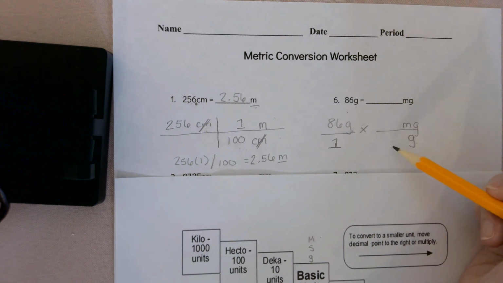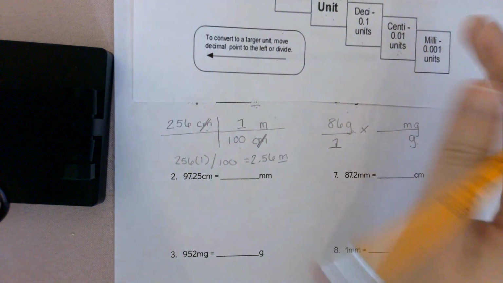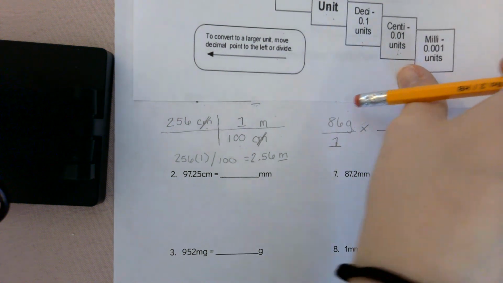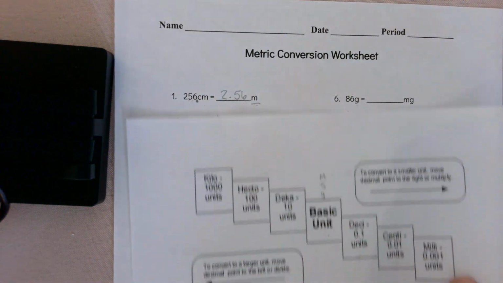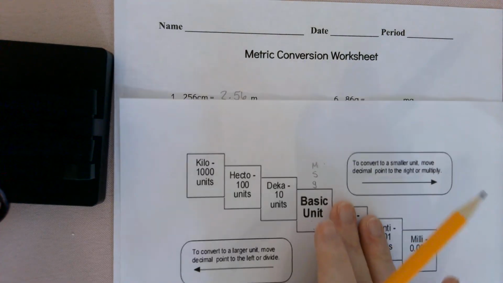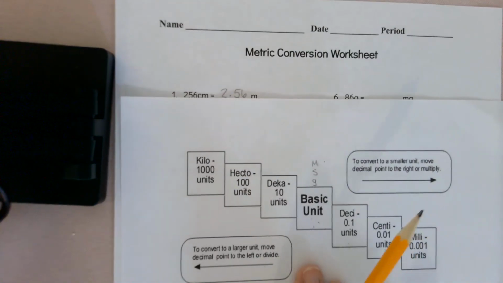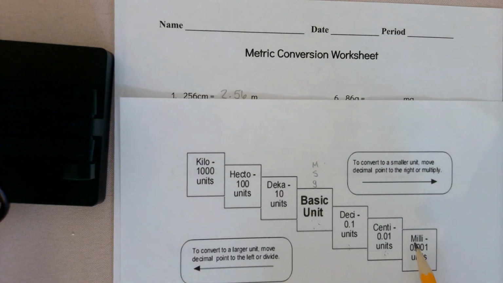Now I have to get my conversion factor. So I have to figure out what my conversion factor is for these two. So I have my base unit here, which of course is the gram. Put it down here. So I have my base unit of 1 for the gram, and we're going to milligrams, right? Milli is over here at the end, so that's going to be a factor of 10, 100, 1,000.